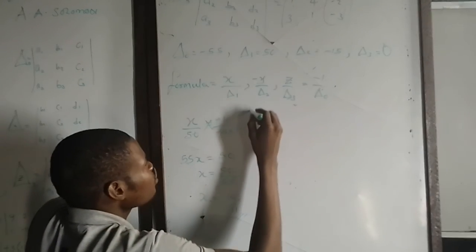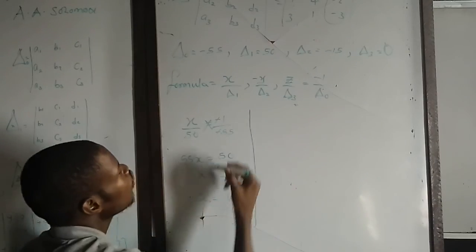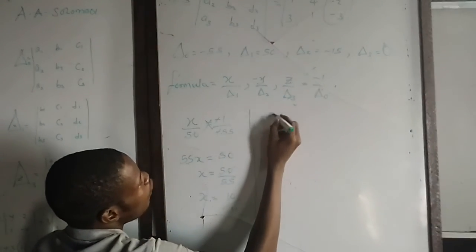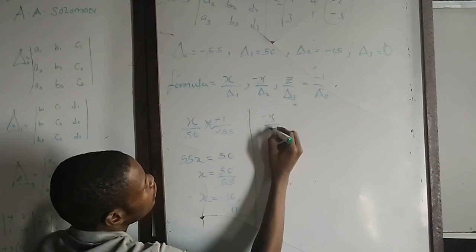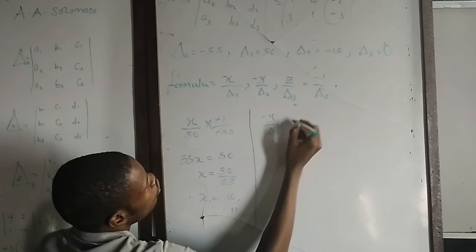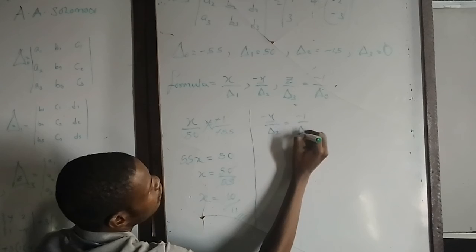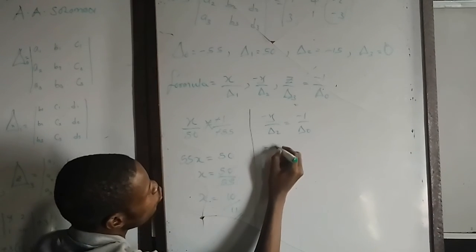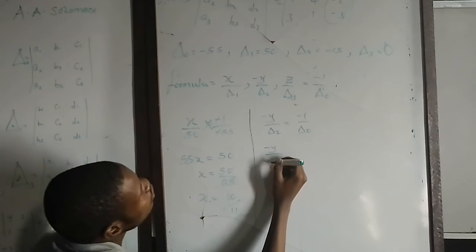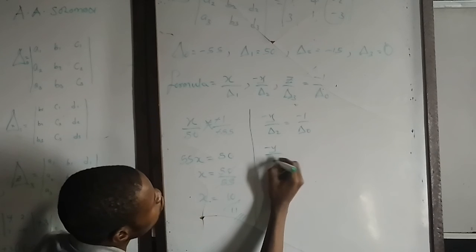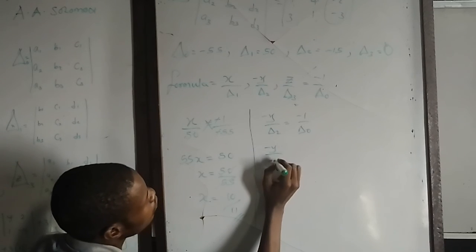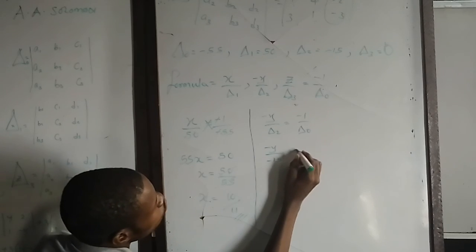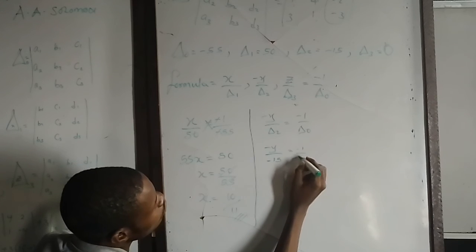The marker is not active again. So let's check for minus y. D2 equals to minus 1 over d0. So our minus y over our d2 is what? Minus 15 equals to minus 1 over minus 55.